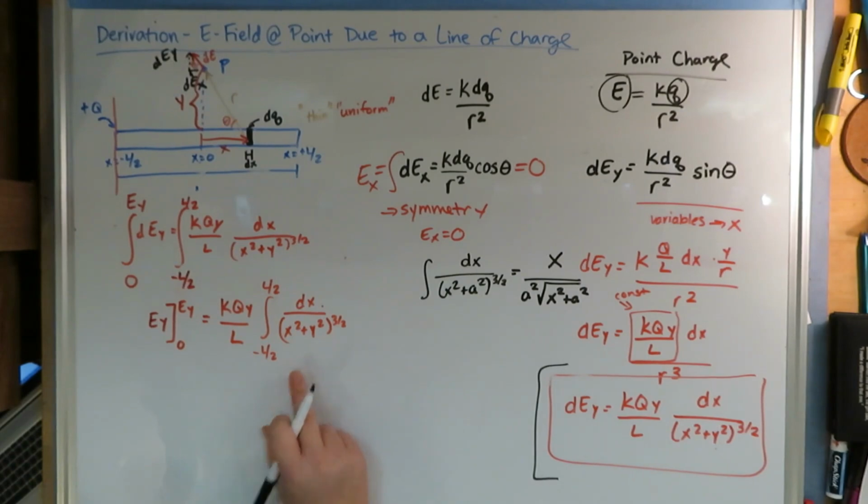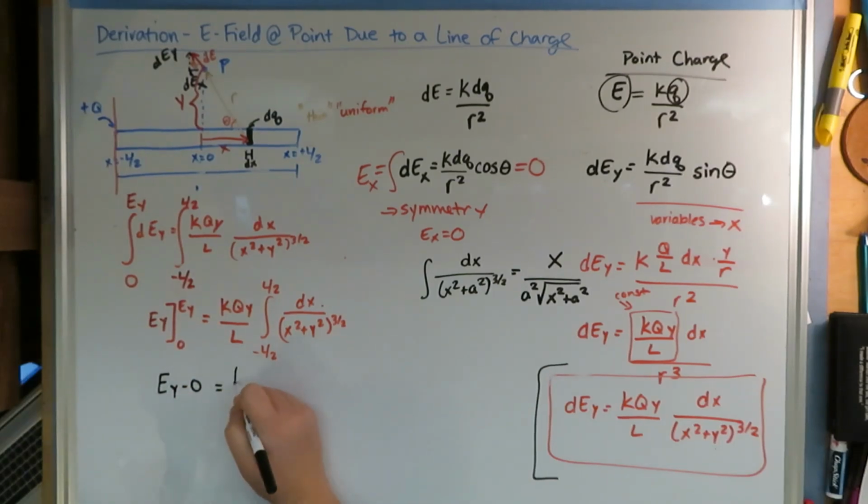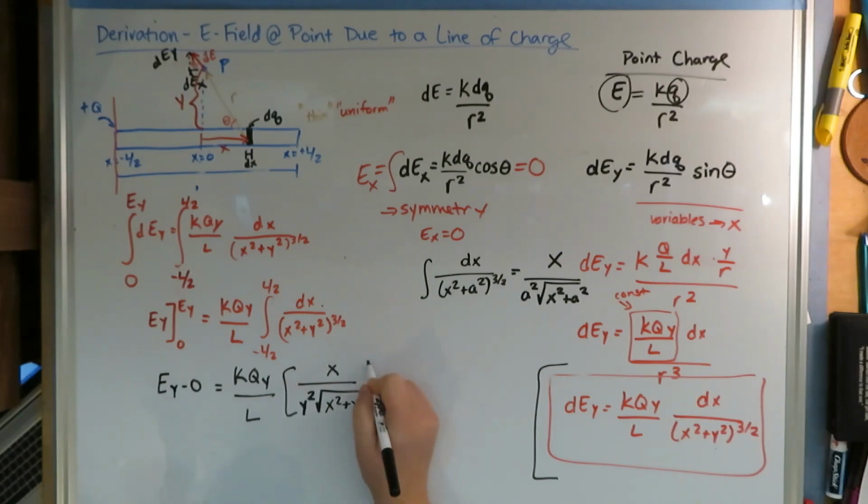So what this tells me is that over here I'm going to get E_y minus 0 is equal to kq over L. And then the answer to this integral is x over a, but in this case a is y squared, times the square root of x squared plus y squared. And we're going to evaluate that from negative L over 2 to L over 2.